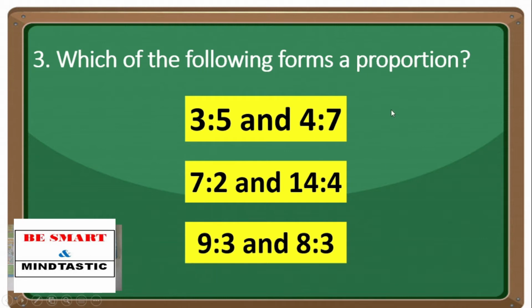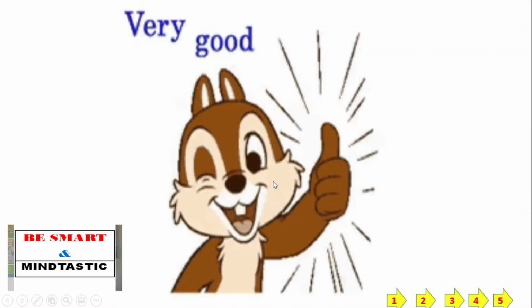So what is your answer, Cyril? Okay, 7 is to 2 and 14 is to 4. Let us see if these pairs form a proportion. Very good, your answer is correct.